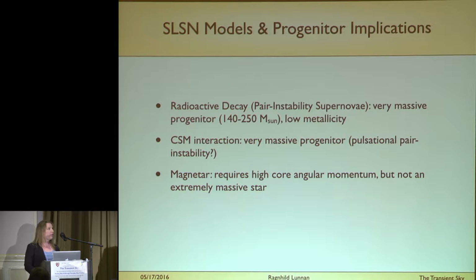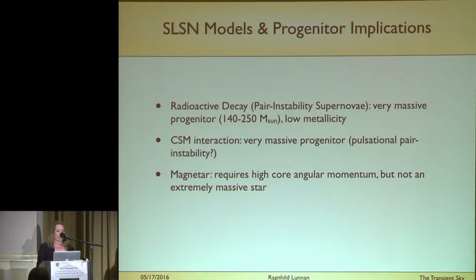Now, there are models out now that can make pair instability supernovae from non-zero metallicity models, but we're still in a low metallicity regime. Similarly, for circumstellar interaction models, just observationally, from the kind of CSM masses that we observe, which are often in the tens of solar mass range, you need a massive progenitor.